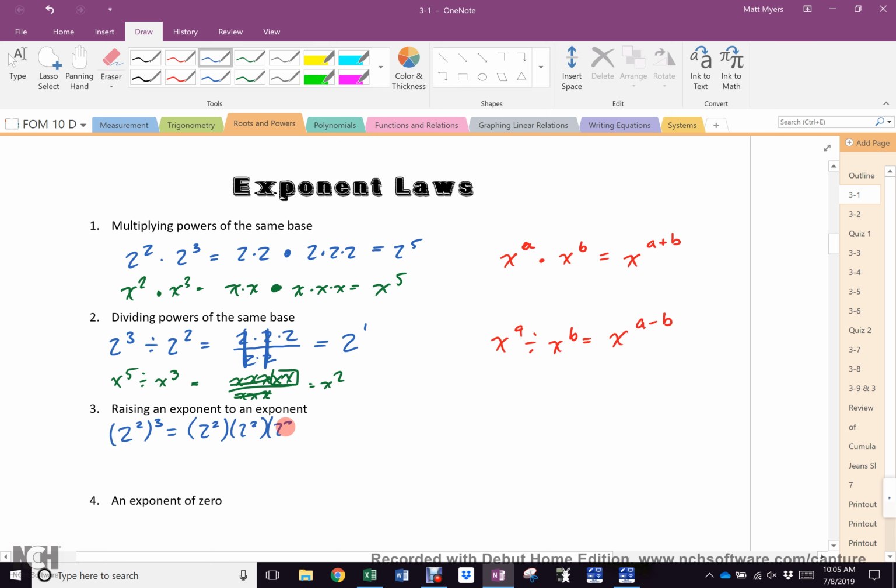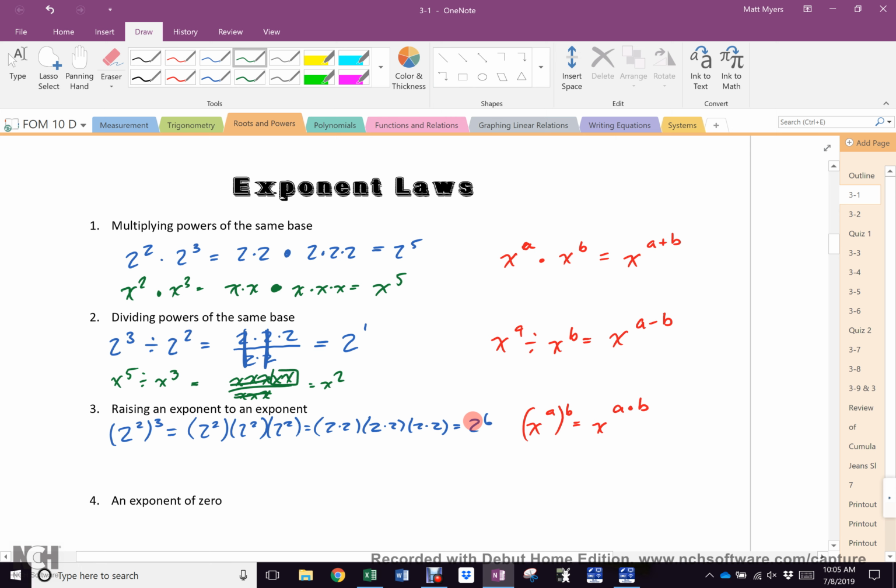Which really means 2 times 2, 2 times 2, and 2 times 2. Which is really 6 2's. As Madeline says, all you're doing is x to the a to the b equals x to the a times b.